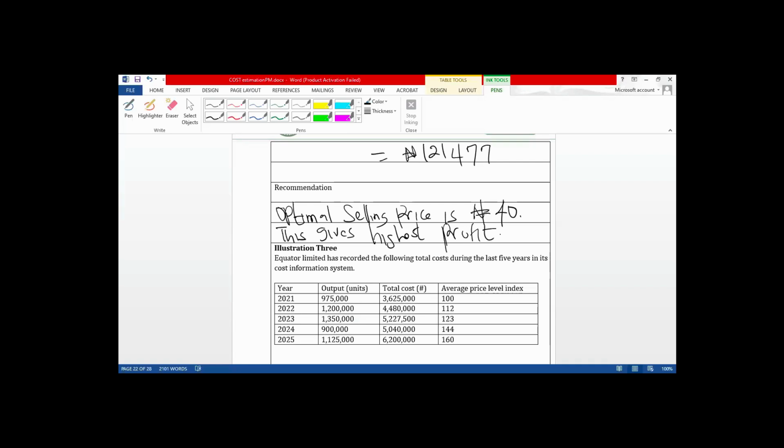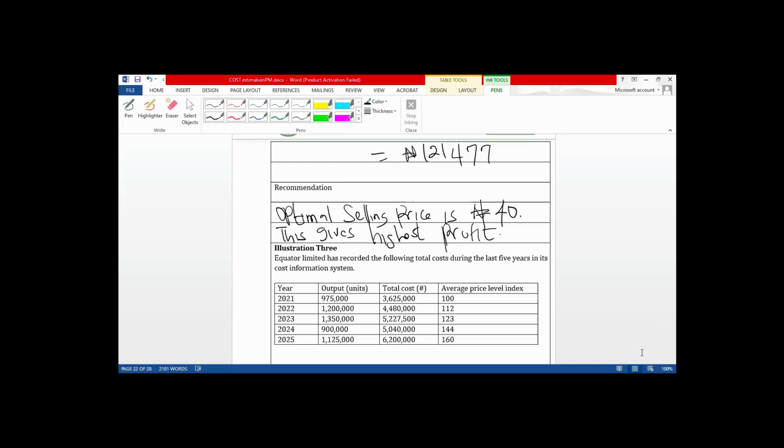The price level index is not the same. That means this cost includes different inflation rates. It means the cost we are dealing with includes an inflation rate that differs.